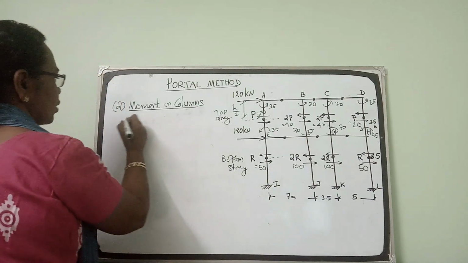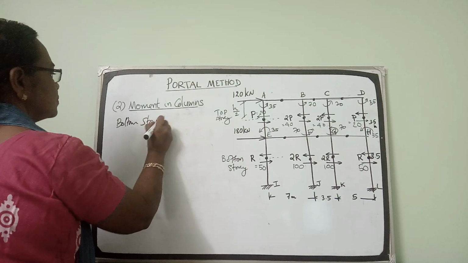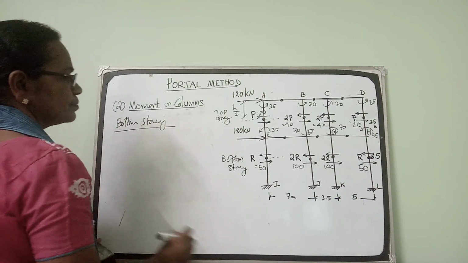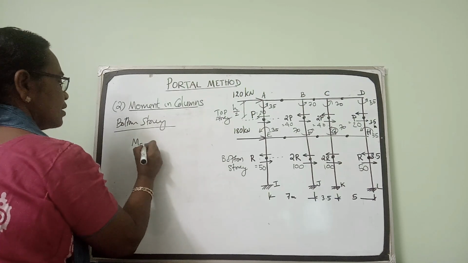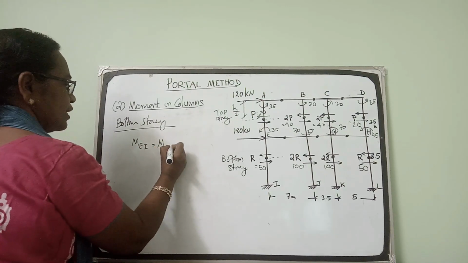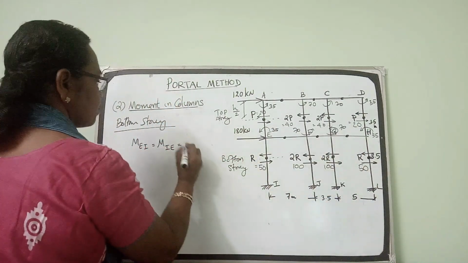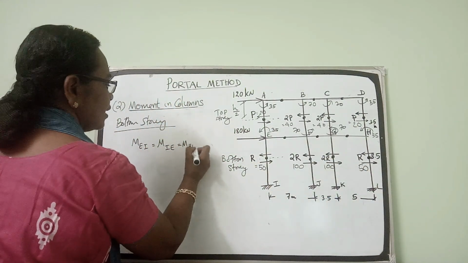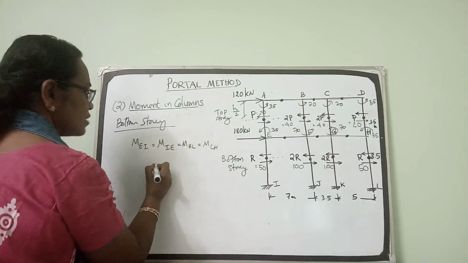Coming to the bottom story columns, the moment in column EI is the same as the moment in IE. Similarly in the outer column, MHL and MLH, all these are the same.